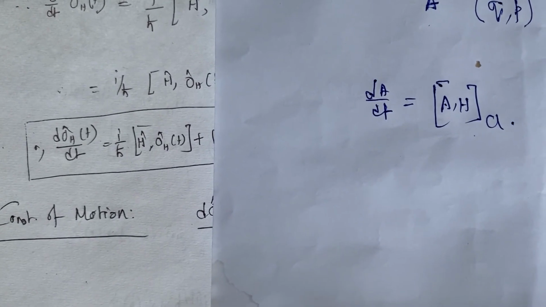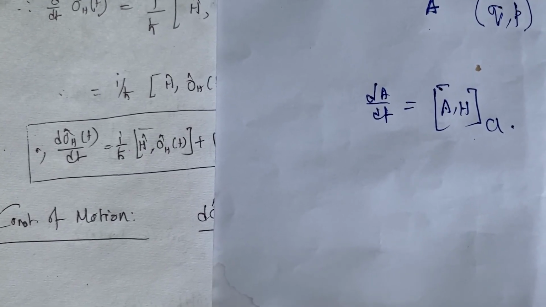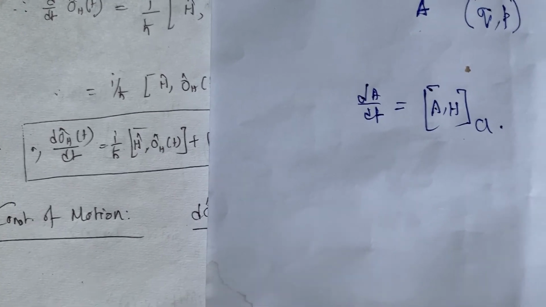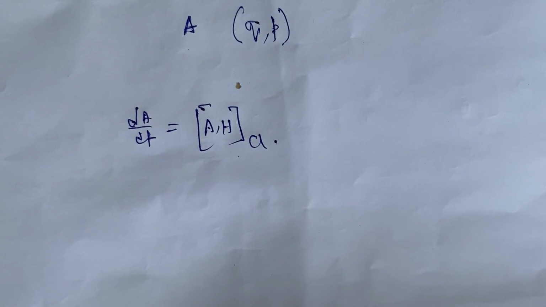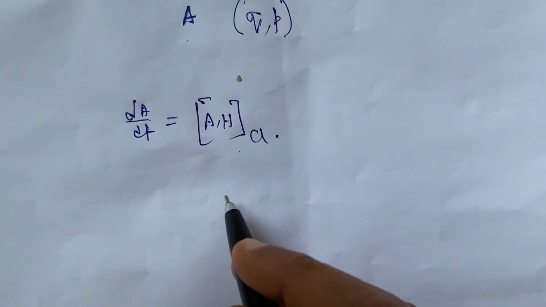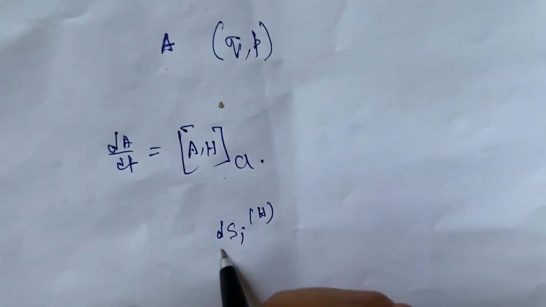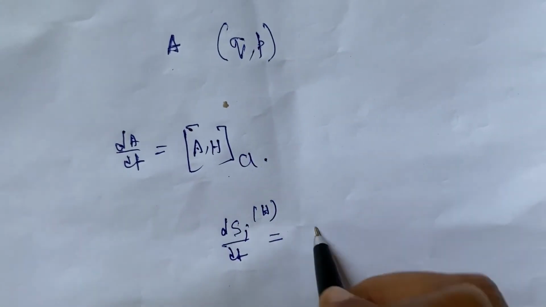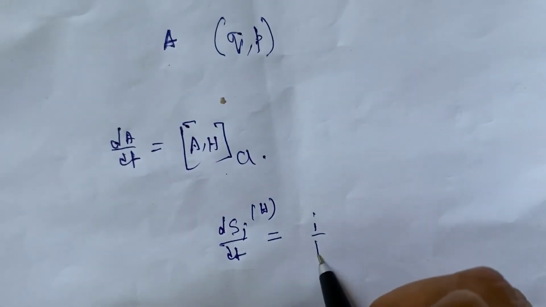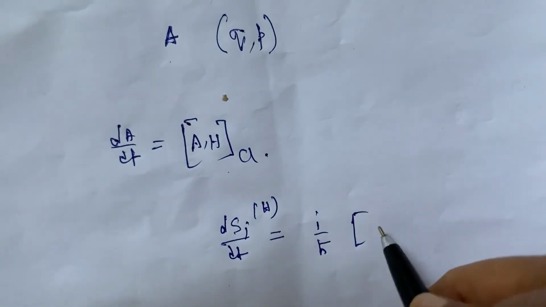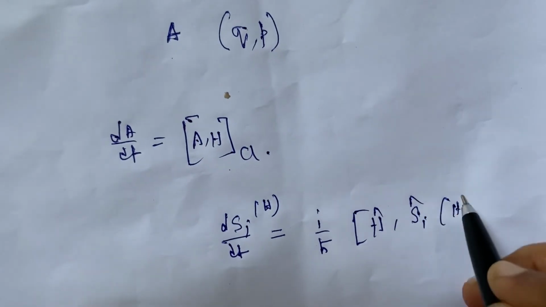Now, it sometimes occurs that some variables do not have a classical analog. For example, if we consider the spin of a particle, then the Heisenberg equation will look like dS_i in the Heisenberg picture, and its time evolution can be written as i by h cross, and the commutator of Hamiltonian and S_i, this one.